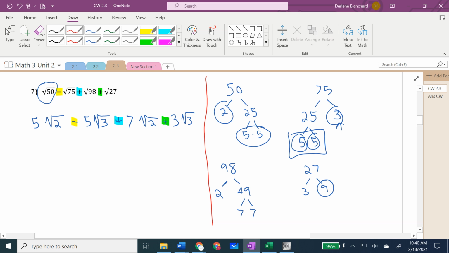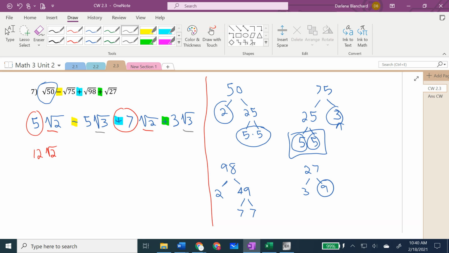Now, let's look at what we have. I've got a root 2. I've got another root 2. Those can combine. I have a root 3 and another root 3. Those can combine. For the root 2's, I have 5 root 2's, and I'm adding 7 root 2's, so I have 12 root 2's.